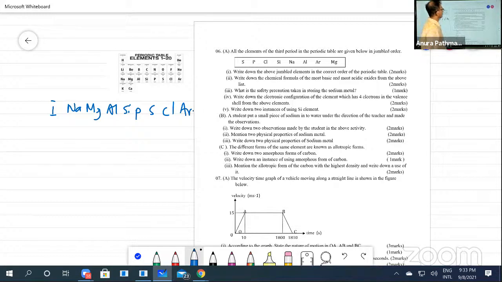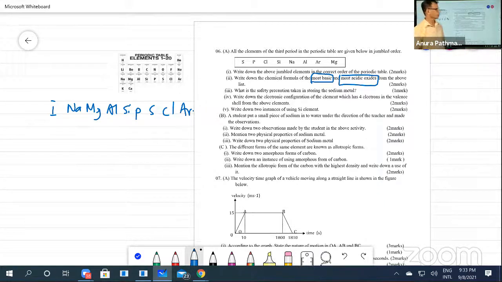Write down the chemical formula of the most basic and most acidic oxides from the above list. What is the most basic one?